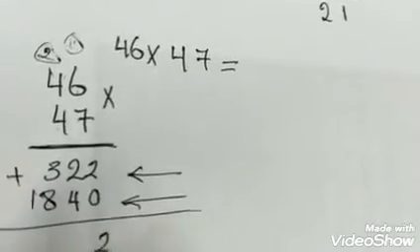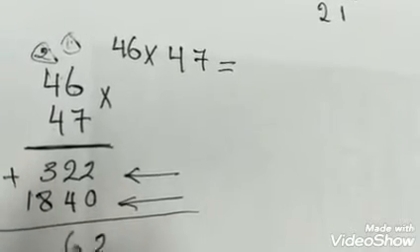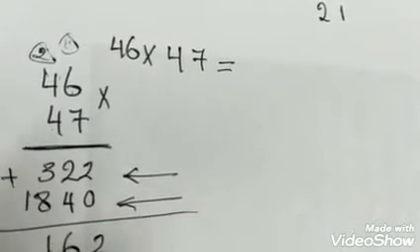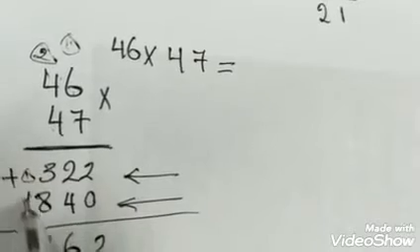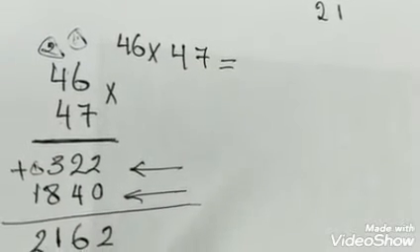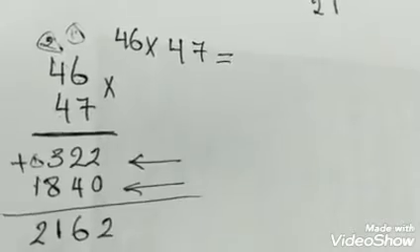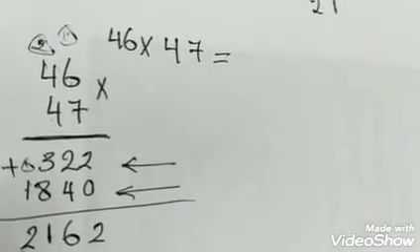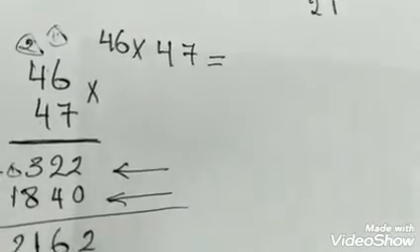2 plus 0 equal 2. 2 plus 4 equal 6. 3 plus 8 equal 11. 11 and have 1 up. 1 plus 1 equal 2. So this is 2162.